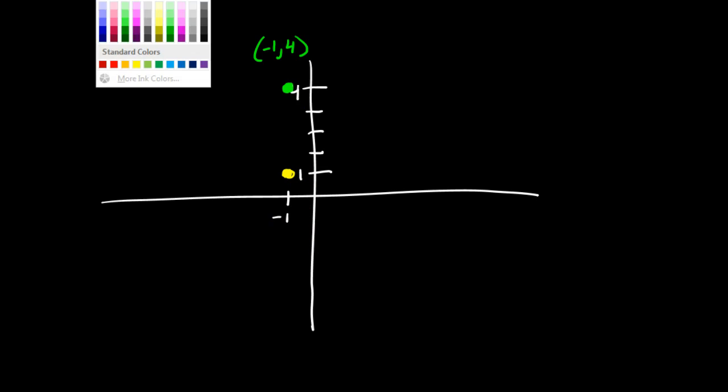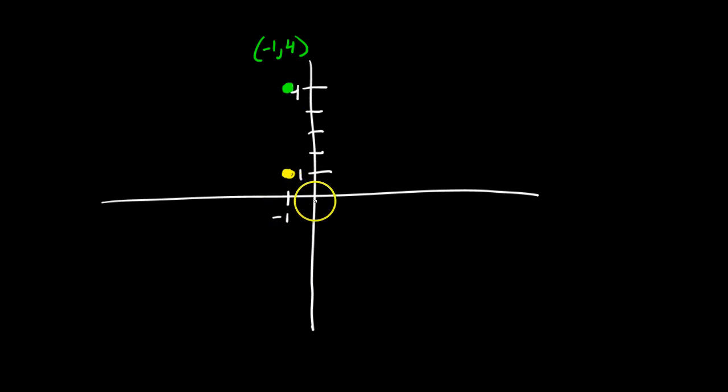So I'm going to go up 4. So here I go. 1, 2, 3, 4. So this is 4 now. So there should be a vertex right here. And this vertex is at -1, 4. If I go down 4, there should be another vertex.